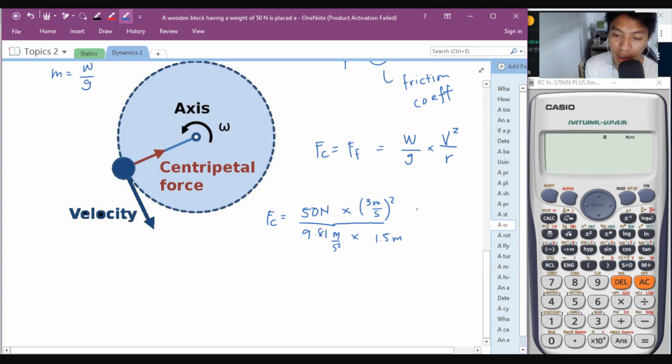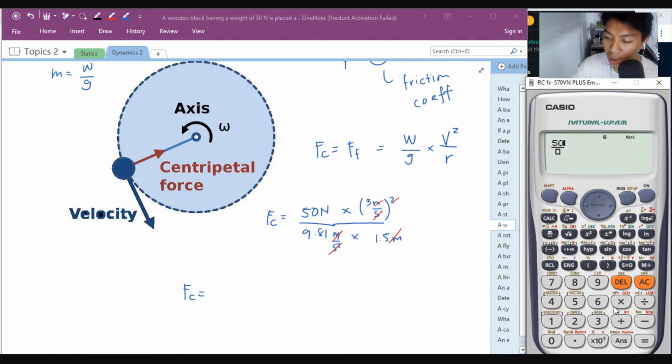For FC, you should get newtons only, as we cancel all the same units. So what is the value of FC? 50 times 3 squared divided by 9.81 times 1.5.